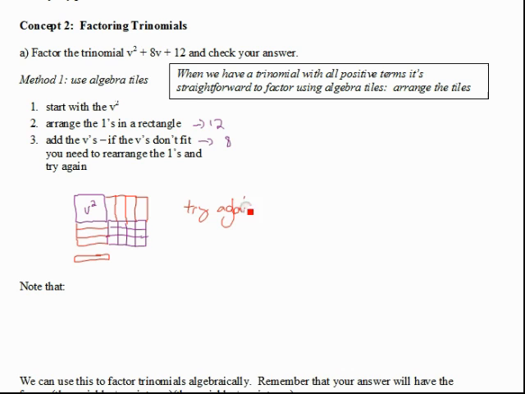Okay, so this time I'm going to put my v squared in again. And I need to arrange my 12 ones in a different shape, so this time I'm going to go 2 by 6. 2 by 6 will give me 12, so let's try that.